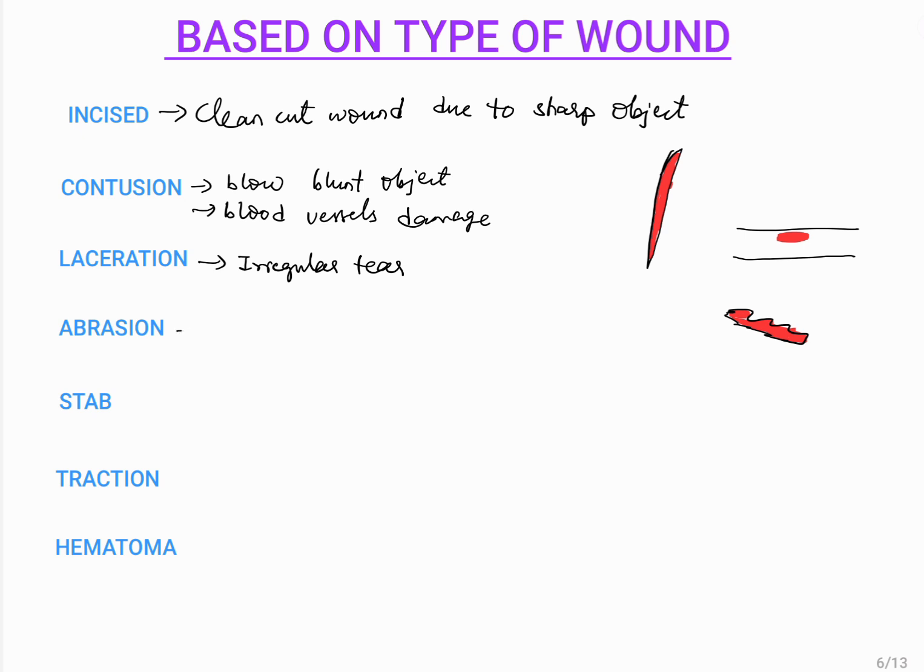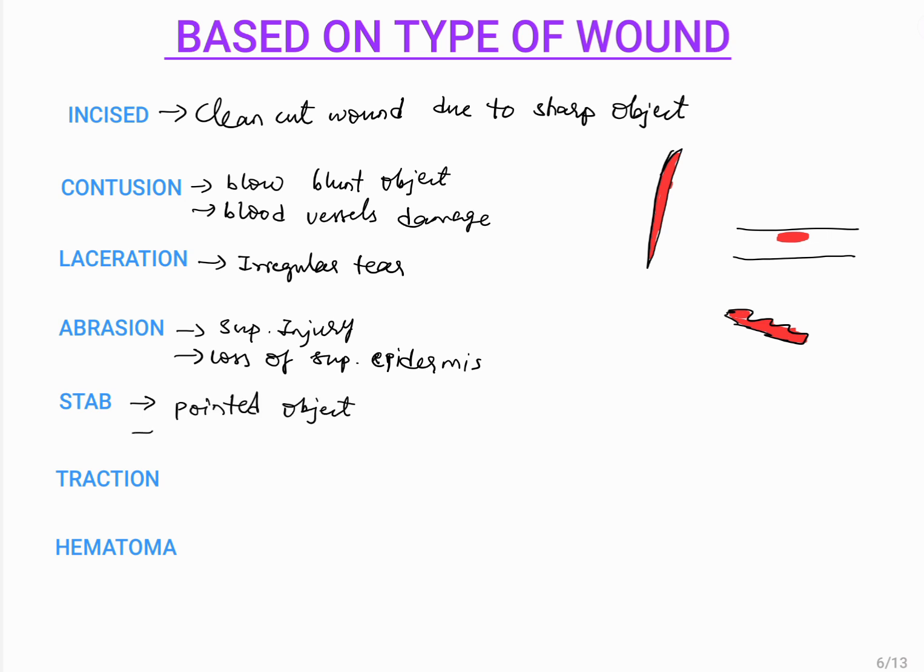When it comes to abrasion, abrasion is a superficial injury which is caused due to shearing of skin. There will be loss of superficial epidermis. Stab is a wound which is caused by a pointed object where the depth of the wound is more than the width of the wound.